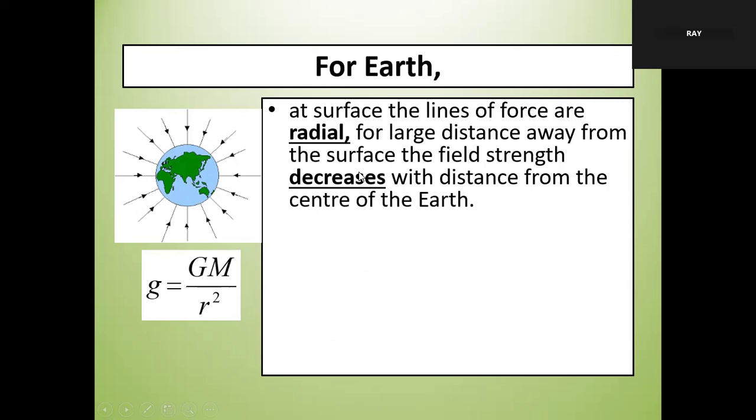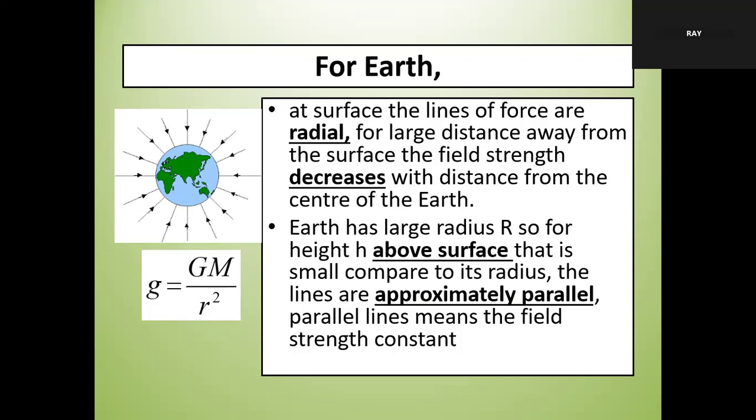For large distance away from the surface, as you go away from this equation, we see that as r increases, g decreases. Remember, g can be called gravitational field strength or acceleration due to gravity. Same thing. But we are more interested to call it gravitational field strength.